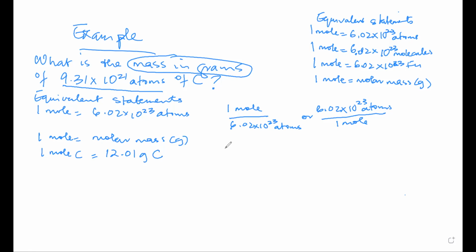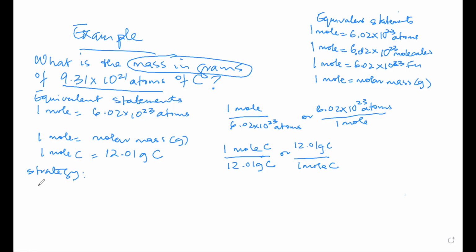Then the conversion factor for that will be 1 mole of carbon over 12.01 grams of carbon, or 12.01 grams of carbon over 1 mole of carbon. So that means this is two-step problem.